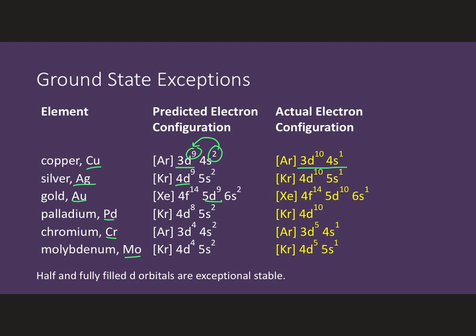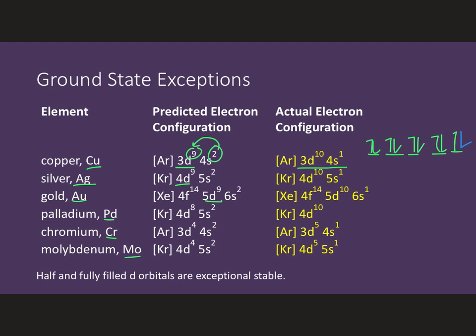The reason for this is, if I look at my d orbitals here and just fill them with 9, I have one lone electron that's missing. What we find is if we move an electron into this space, this is actually more stable.